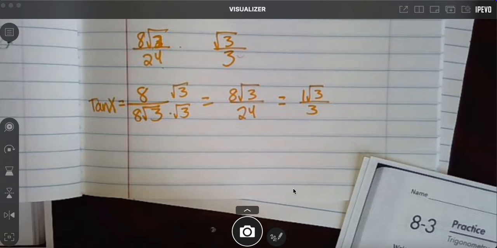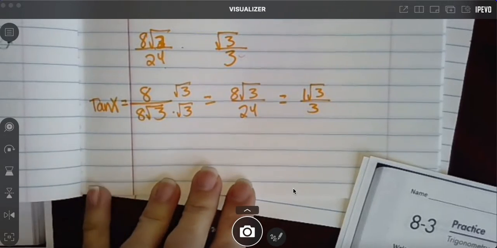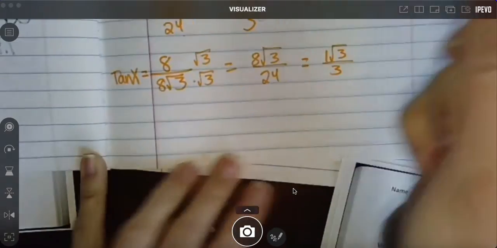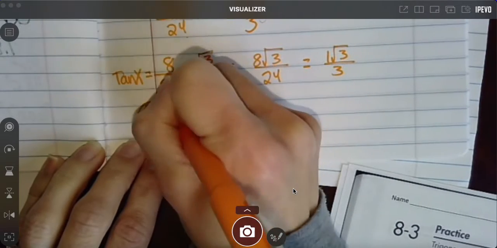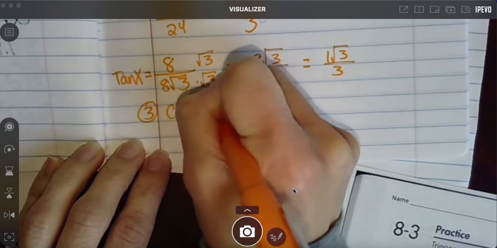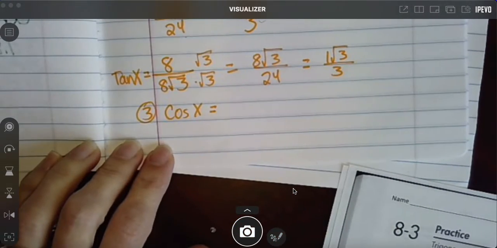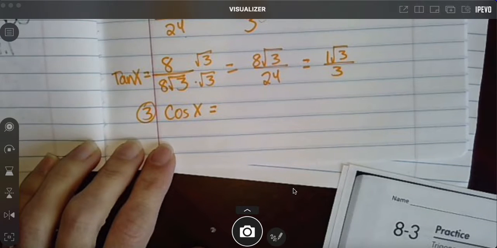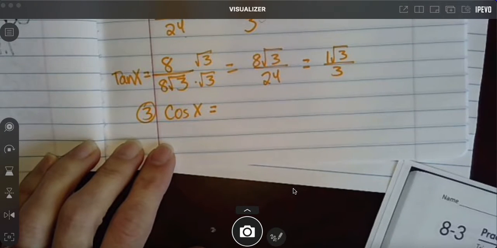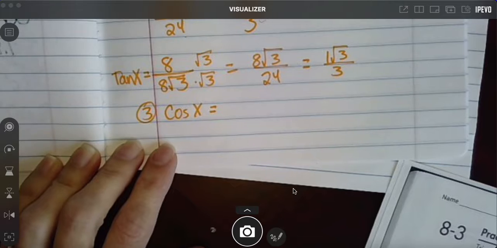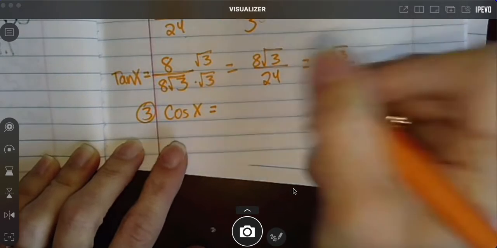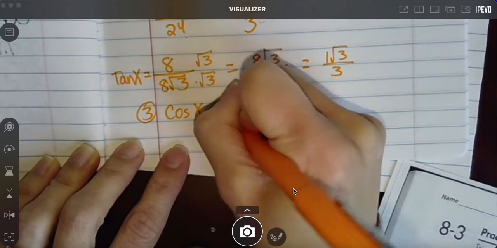Okay, number 3, the cosine of x. So I'm looking at number 3 on your paper. The cosine of x, and if you're looking at your paper, cosine is what? Adjacent over hypotenuse, right? So that is what? 8 over 12.